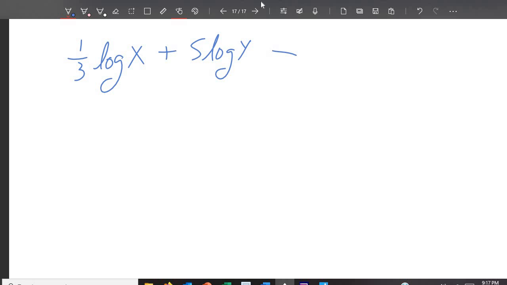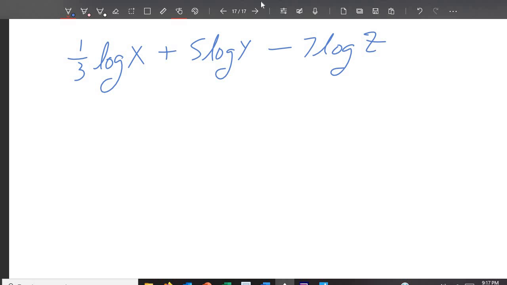Let's do one where you got to do all 3. How about we'll do 1/3 log of x plus 5 log of y minus, I don't know, 7 log of z. That is not a z, y'all.